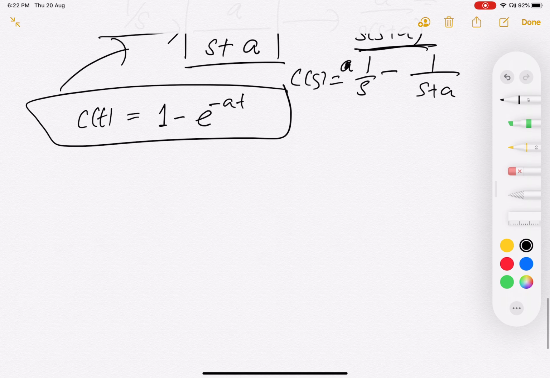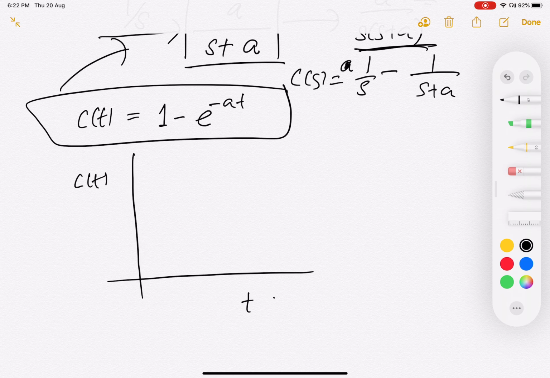This is a typical first order response. If you sketch this response, c(t) versus t, e to the power minus at is going to start at 1 and then decay to 0, because at t equal to 0, e to the power minus at is 1, right? And then it is going to decay to 0 depending upon what a is.